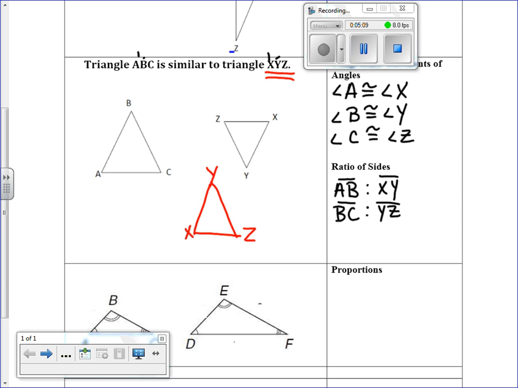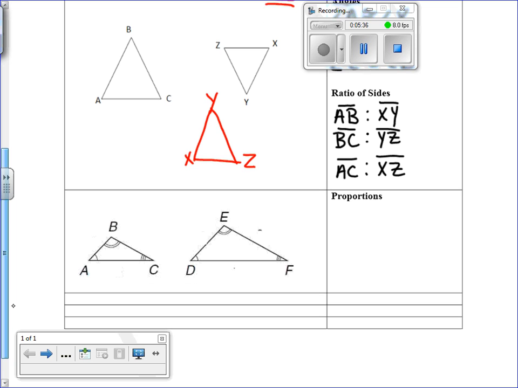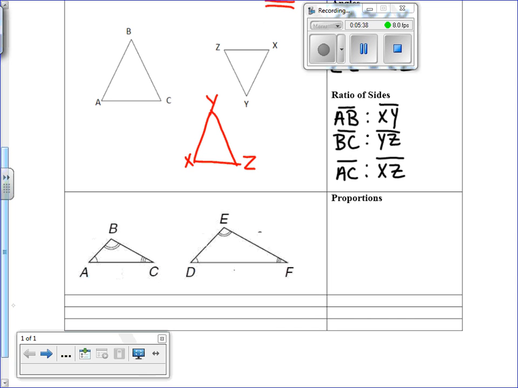So I went up, I went down, I went up, I went down. Now I'm going across the bottom. Side AC has a ratio to side XZ. So there we go. We've looked at our angles, and we've looked at our sides and how we can create a ratio of those.